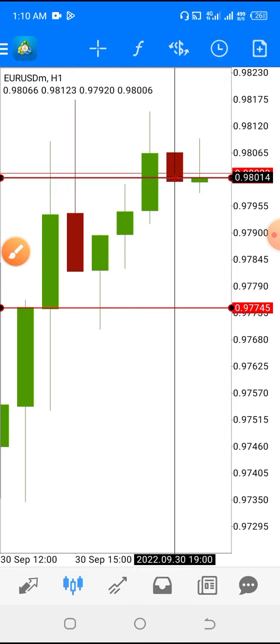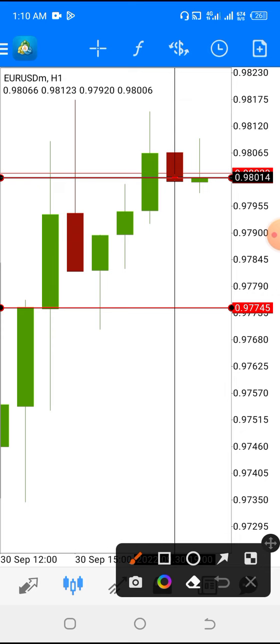What you have to do is I'm going to give you a very simple formula, guys. You see this price here, 0.9814. You just ignore the last digit. Then, of course, ignore the last digit here too. You get that?